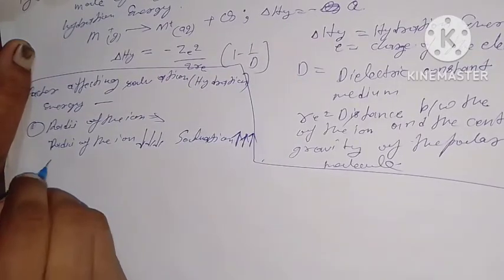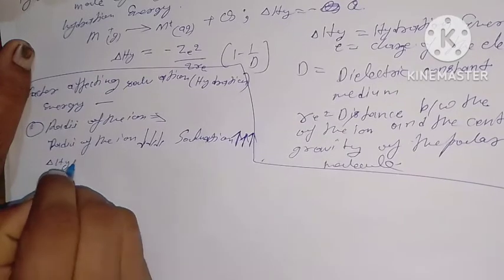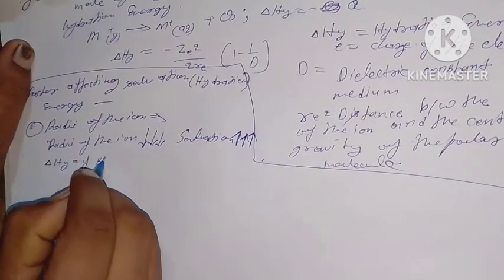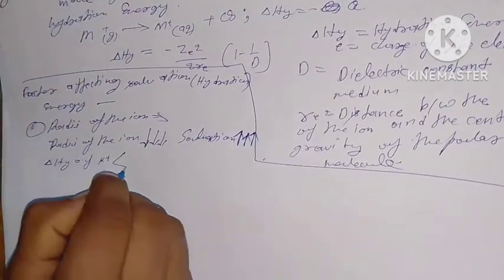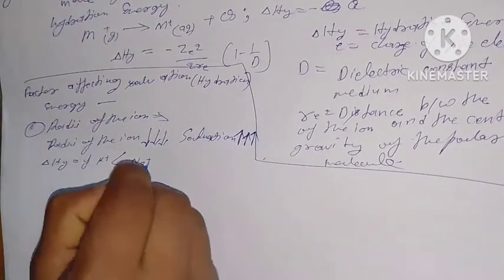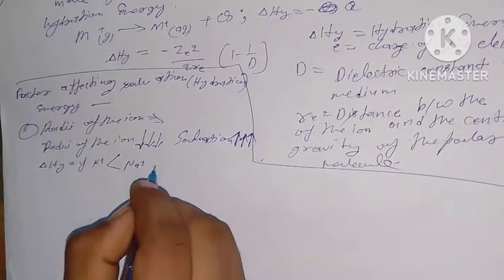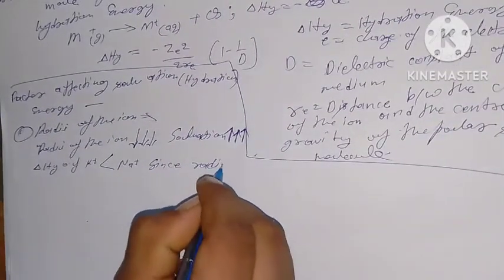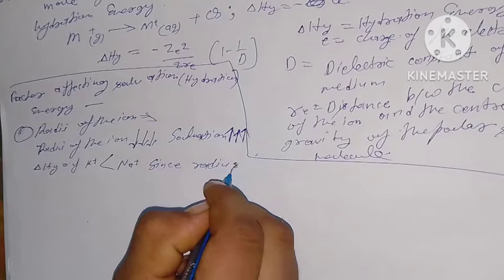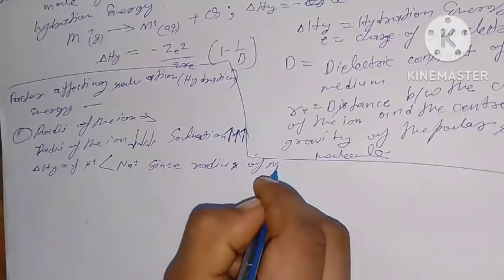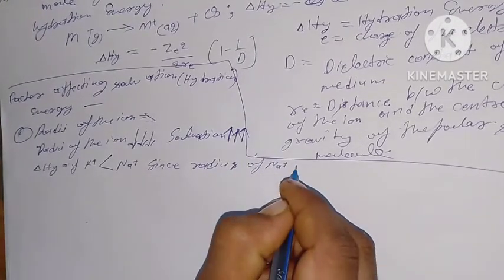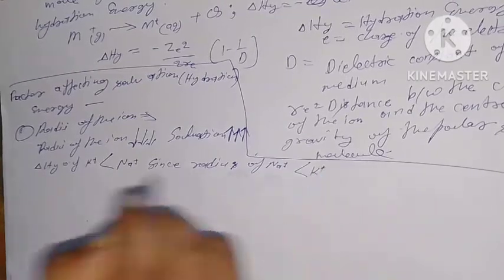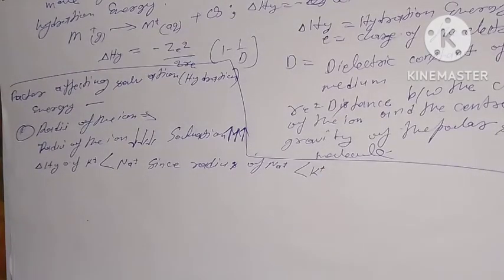Thus, delta H of K positive ion is less than sodium positive ion, since radius of sodium positive ion is less than potassium positive ion.